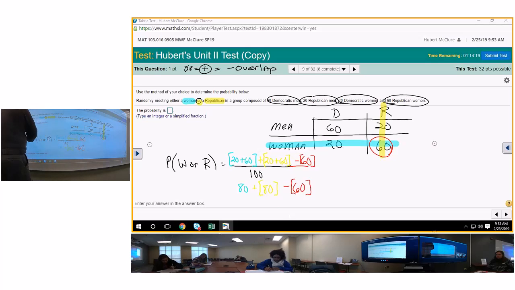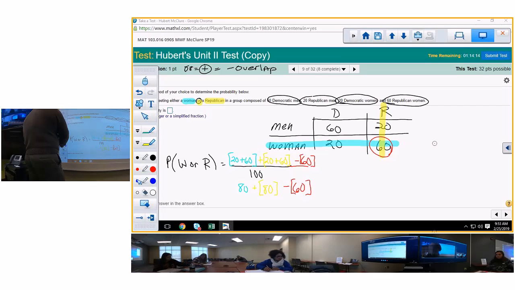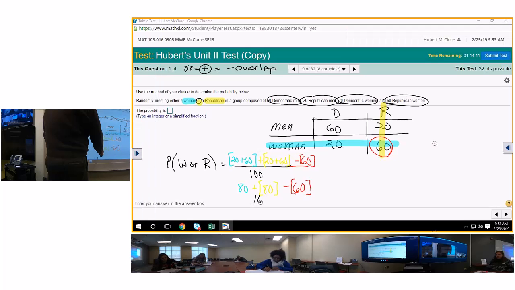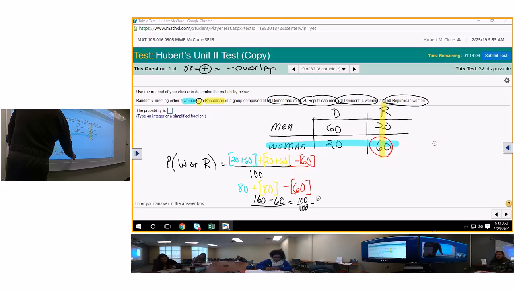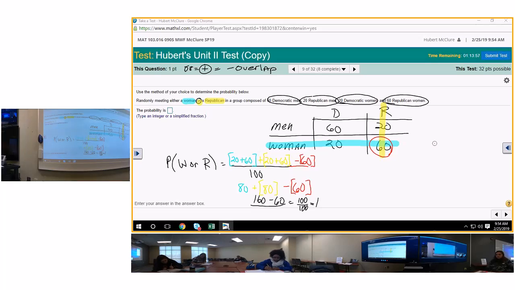Well, what's 80 plus 80? 160. Okay, 160 minus 60 is 100. Over 100 is what? Wow. Never came up with that before. That's just the way the numbers crunch.